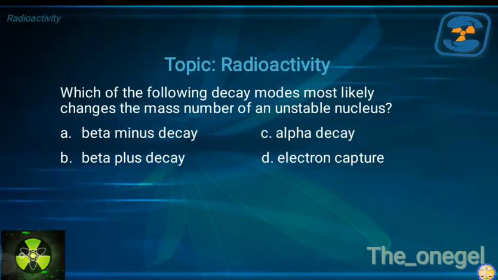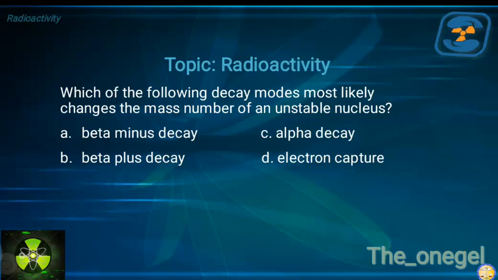And the last number. Which of the following decay modes most likely changes the mass number of an unstable nucleus? Beta minus, nag-change ba yung atomic mass number? Diba sabi natin, same pa din yung atomic mass number. Beta plus, sinabi din natin, same pa din yung atomic mass number. How about alpha decay?